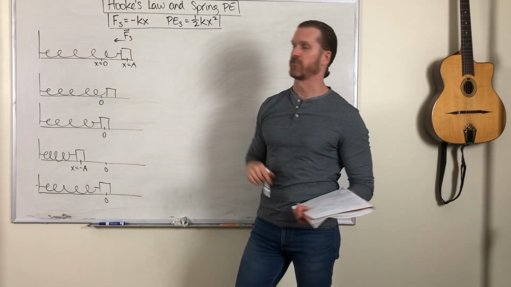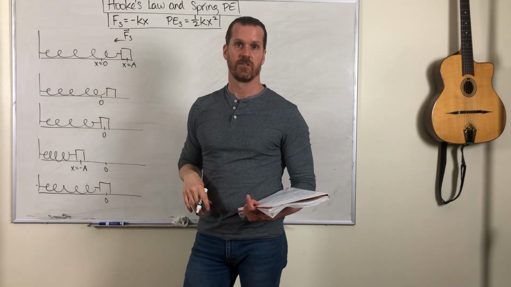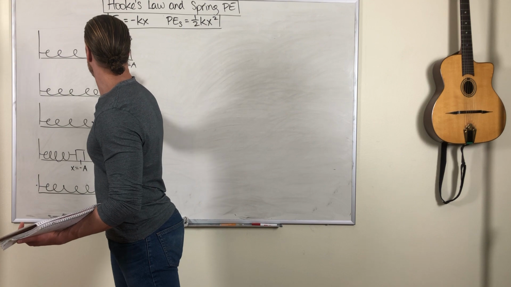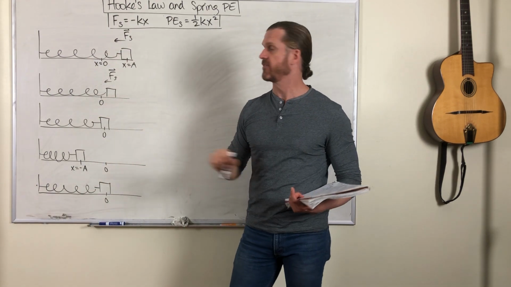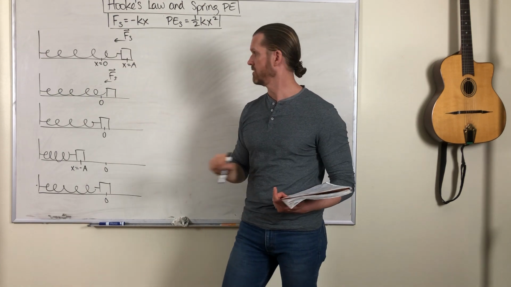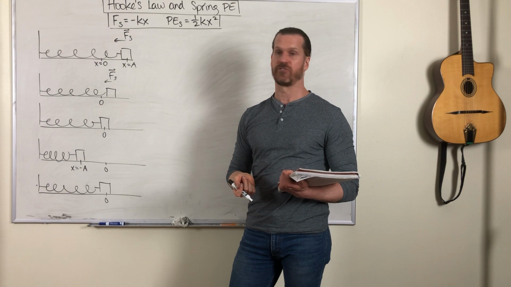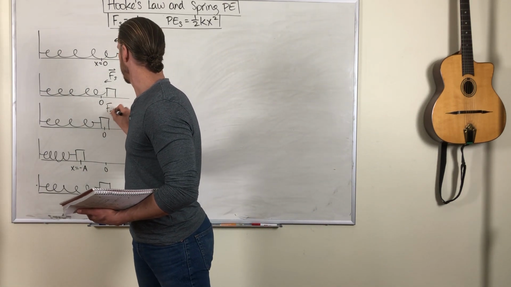So there's the force vector for that first picture. In the second picture, the spring is still stretched a little bit, so it's still getting pulled to the left, not quite as much as before. In the third picture, the spring is at its equilibrium position, so there is no spring force right here.